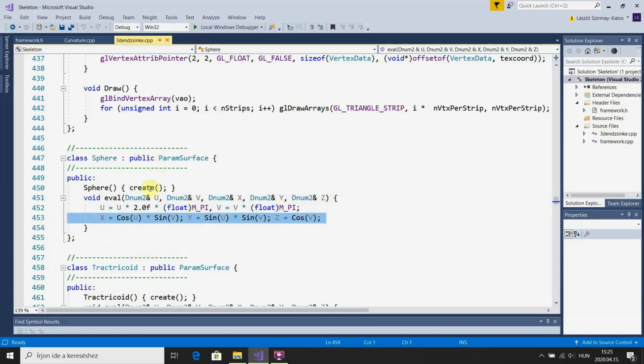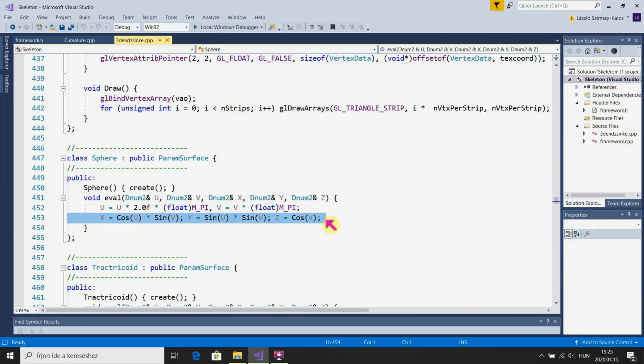Note that here every variable is a dual number, so we just implement the computation of the surface evaluation function, and the derivative computation just happens automatically thanks to the dual number implementation.